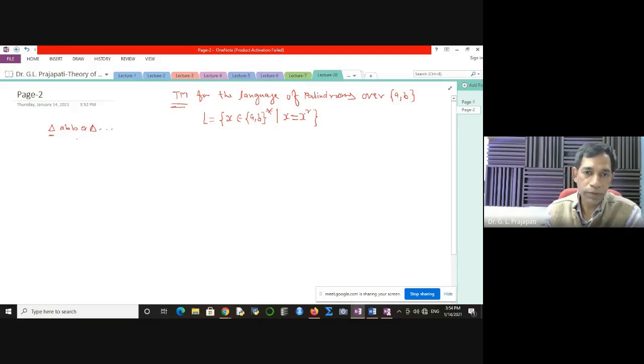Since you have the tape, you are free to move the tape head to the left or to the right, there is no issue here. These two blank symbols are just like markers of the two ends. After the blank, you have to consider what the input is.